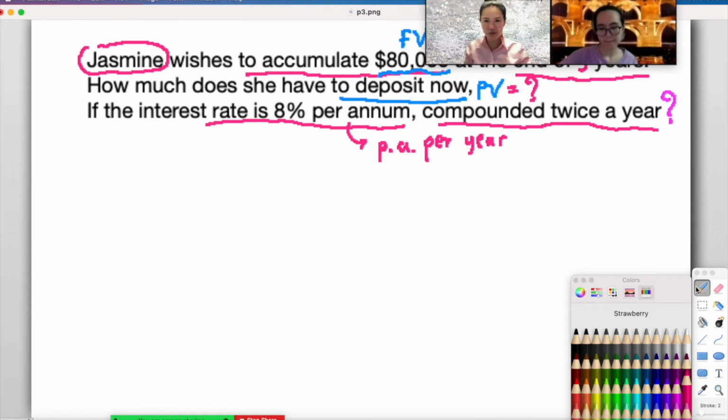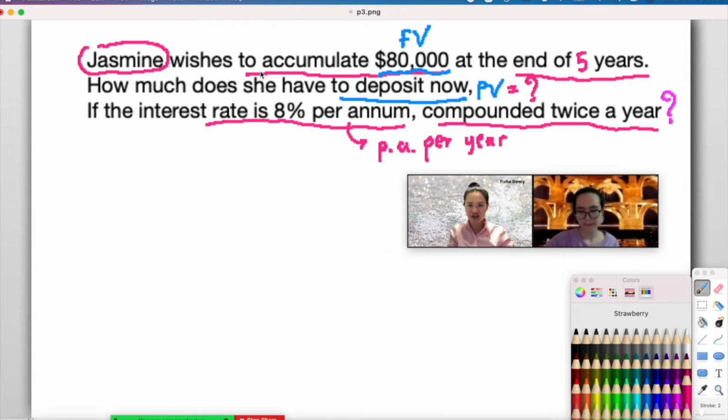Alright, let me read the question with you one more time. Jasmine wishes to accumulate 80,000 at the end of 5 years. So that means FV, future value, is 80,000. And we want to find PV because they said deposit now, how much, so we need to find present value, PV. And they tell us the rate is 8% per annum and compounded twice a year.